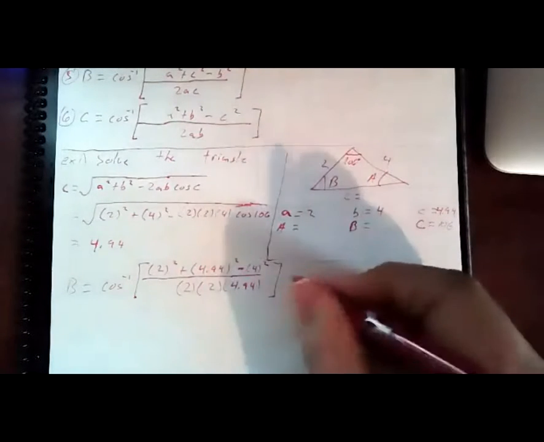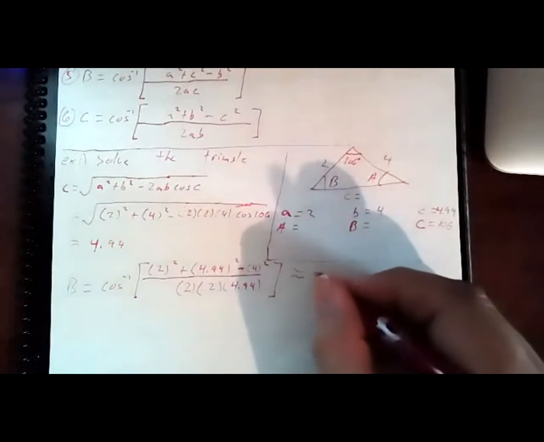Hmm. Capital B. You did cosine inverse, right? Oh, no, I didn't use cosine inverse. I forgot that one. I have 51.118, so 51.12. Yeah, that sounds right.